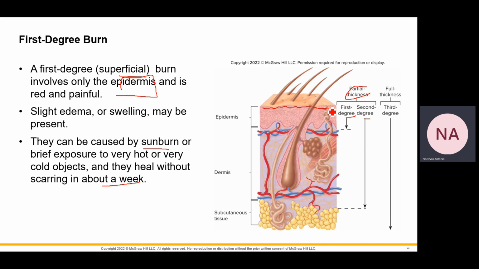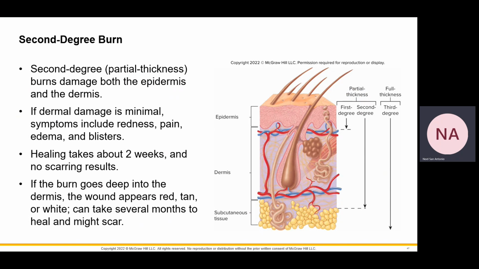Diba? There is flaky desquamation kapag first degree burn. Again, that's sunburn. Kapag second degree burn, under pa rin ng partial thickness.